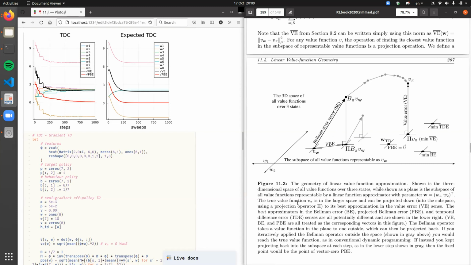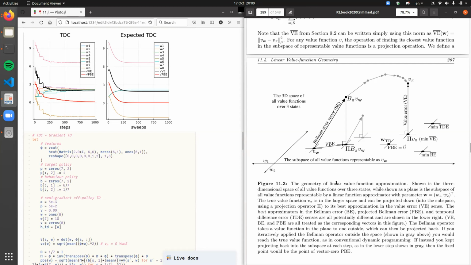That is because our function approximation space, the space representable by a function approximator, is restricted, and the true value function might not respect those restrictions. Therefore, it's not always the case that we can do so.